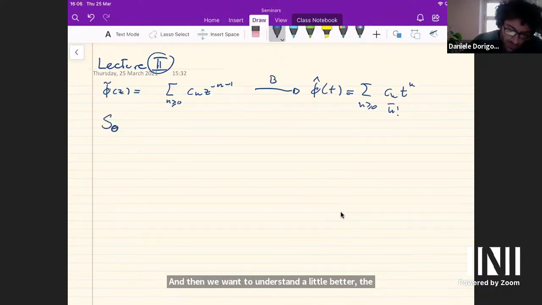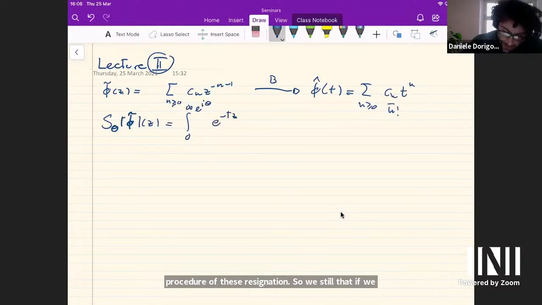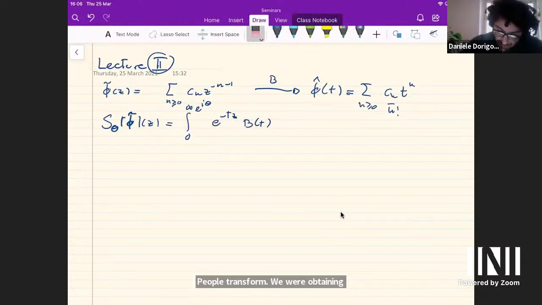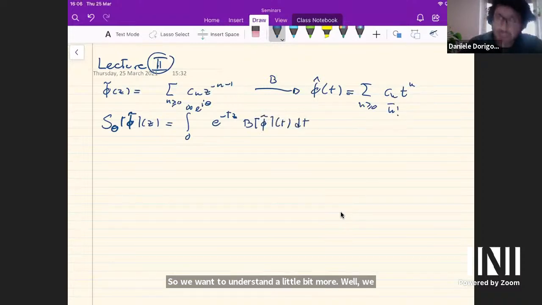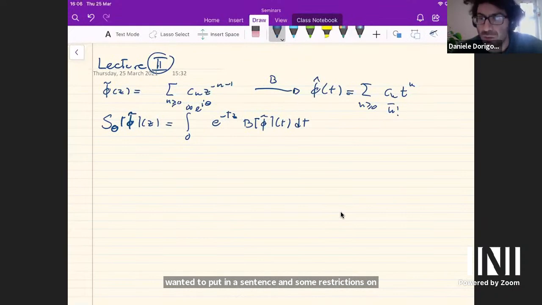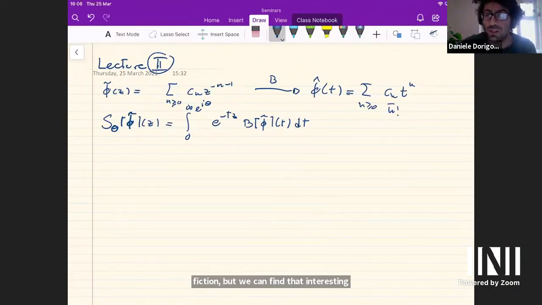So we saw that if we were integrating along our favorite complex direction, the Borel transform, we were obtaining a possible analytic continuation. So we wanted to put in a certain sense some restrictions on the class of functions that we would like to study. Of course, like in a physical problem, there is no restriction, but we can find an interesting class of functions by putting these restrictions.